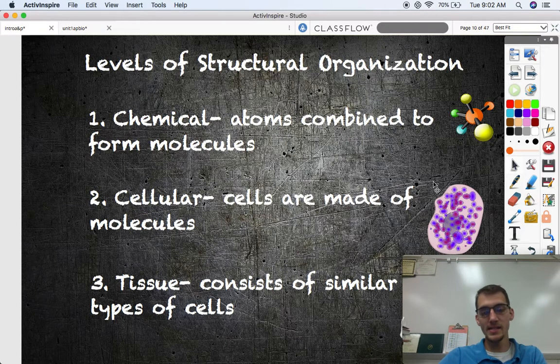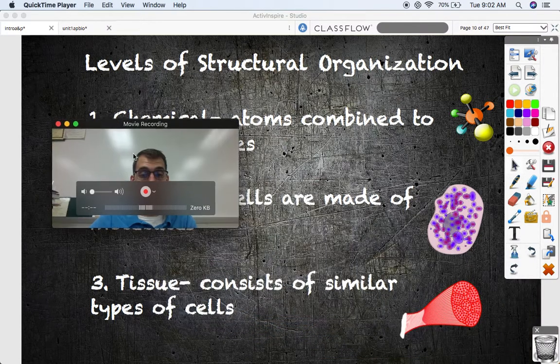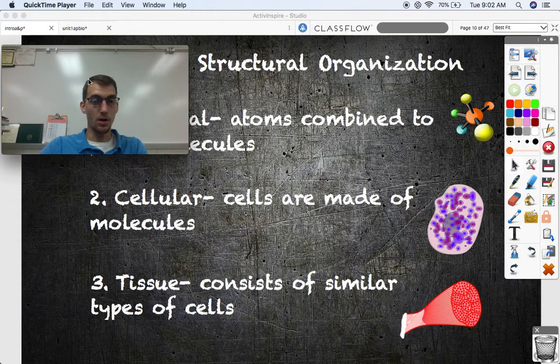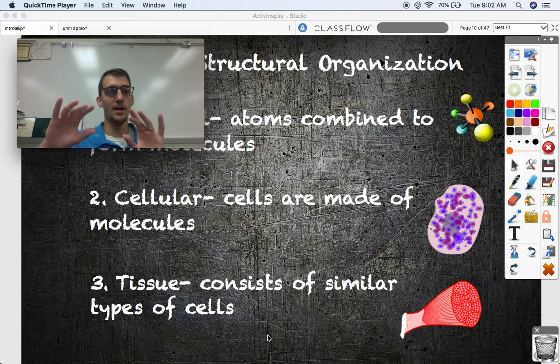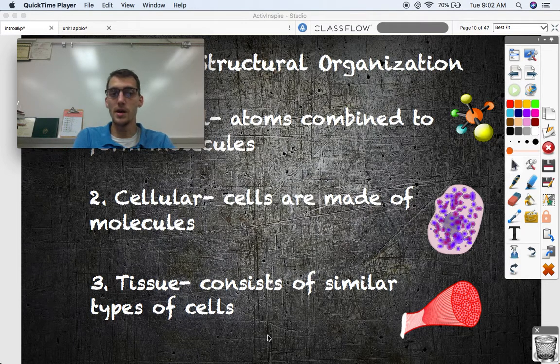And of course, many cells that are all specialized and have a similar function make up what's called a tissue. And there's lots of different types of tissues. We won't get too far into tissues. We used to have a unit right after the intro unit just on tissues, and I don't think we're going to do that this year because we're going to spread out the tissues knowledge among the other organ systems when we study them.